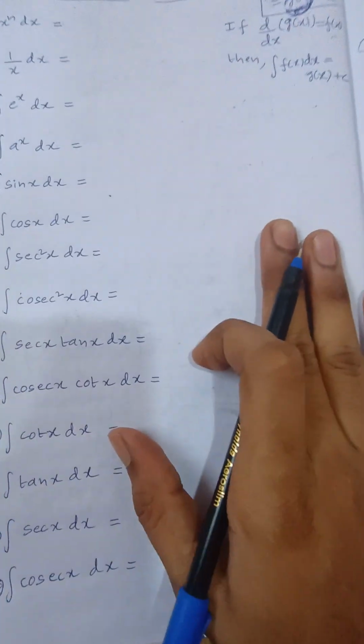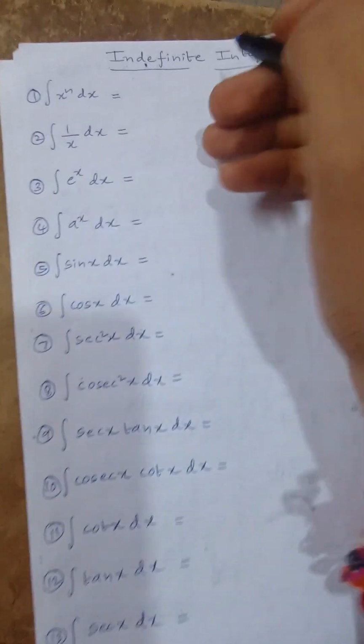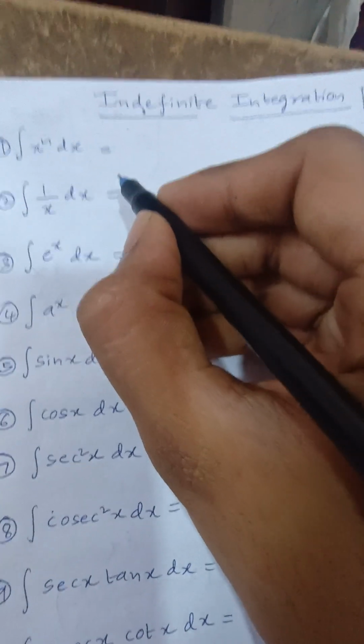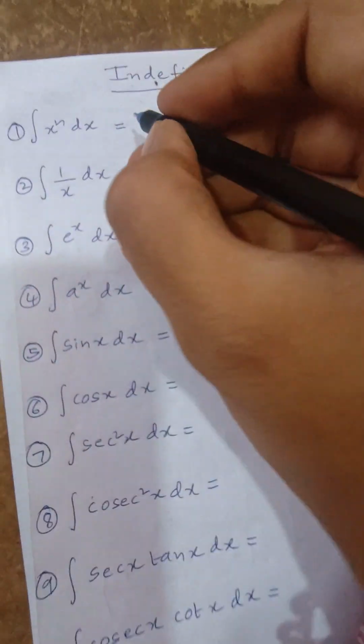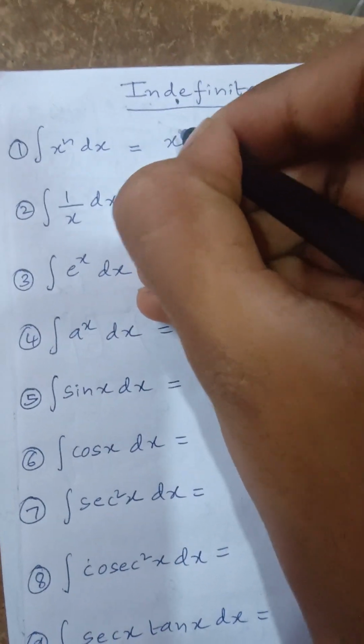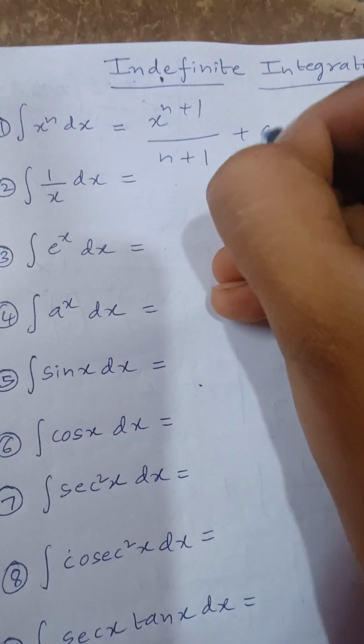So coming to basic formulas of integration. The first formula is integration of x power n dx, which is x power n plus 1 by n plus 1 plus c.